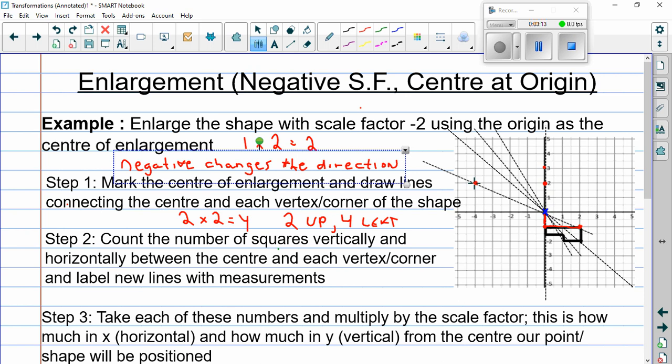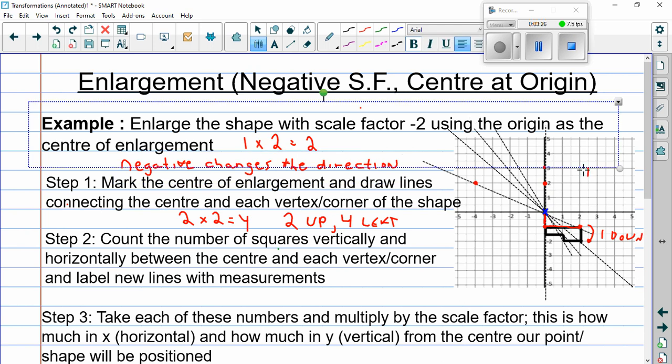So we could keep doing it with our point, but let's try and start seeing where our little tricks apply. So here we're going 1 down. So up here it means we're going to go 2 up, right? Reverse direction and times still by our scale factor. So 2 up, so we can make our next point here. Similarly, we're supposed to be 1 to the left, but we're going to go 1 to the right. And it matches up right there.